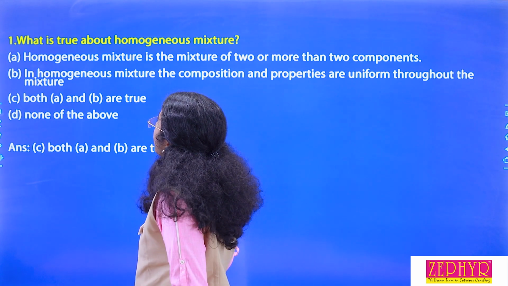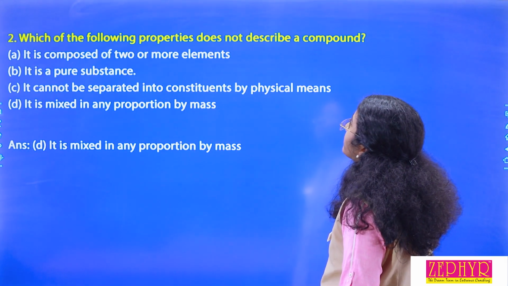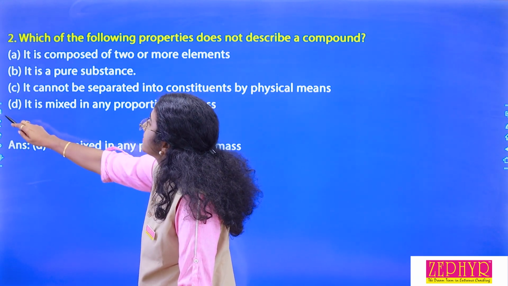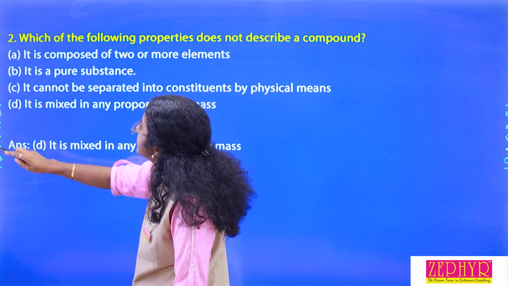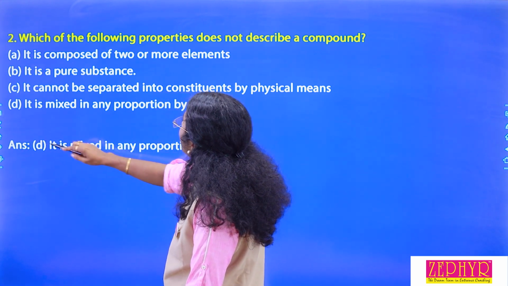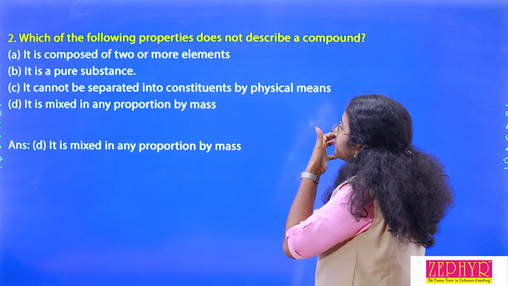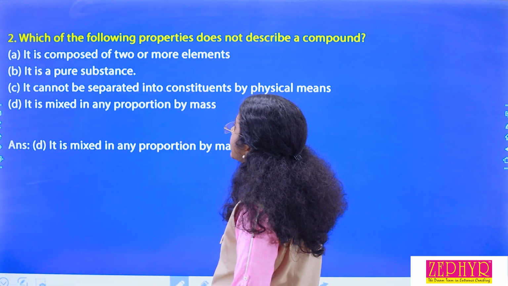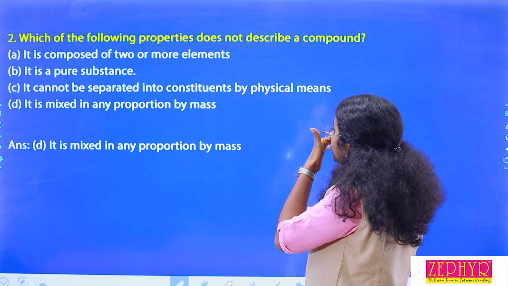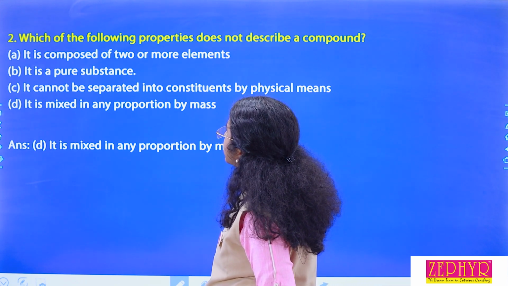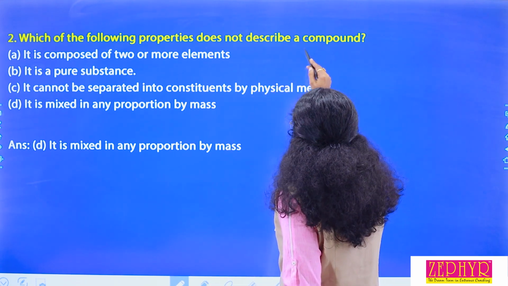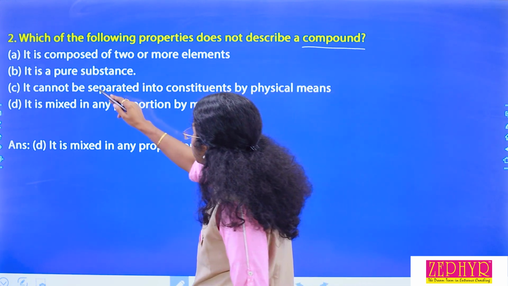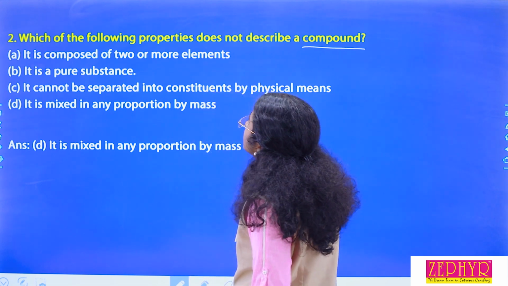The next one: which of the following properties does not describe a compound? Option A: it is composed of two or more elements.